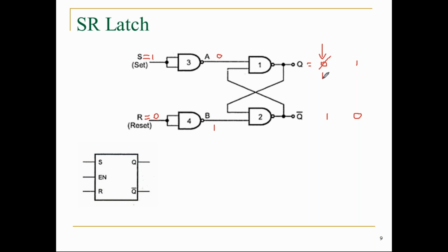Please listen, here only the change. Once it is 1, since it is Q, here Q bar automatically has to change to 0. So what assumption I made initially, 0 1, has to be changed. Now it is changing into 1 0. Okay. So I'm setting the value as 1.